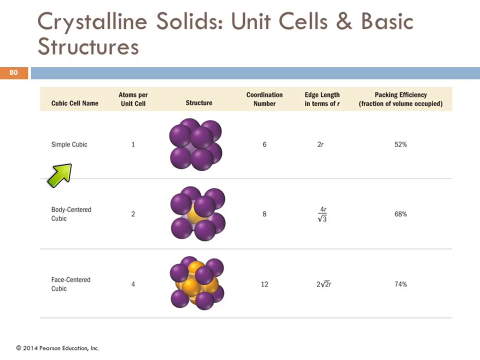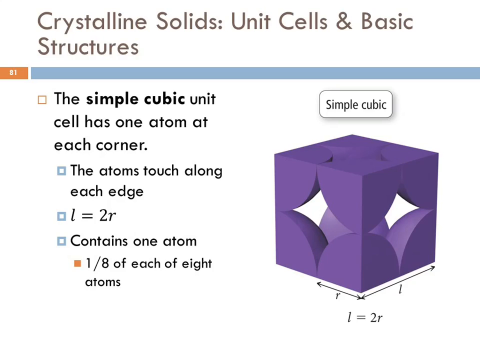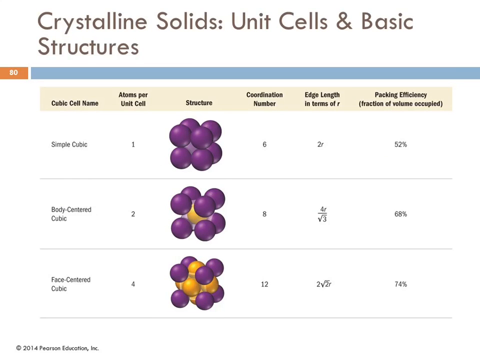So here's an example of a simple cubic structure. So in this structure we have four different atoms. Let me just jump ahead a minute. Yeah. We're going to look at them in more detail.